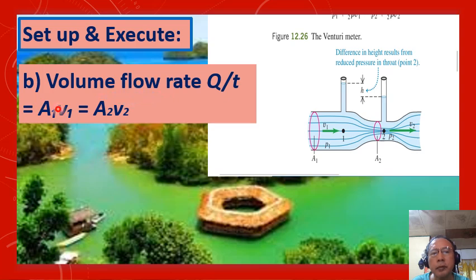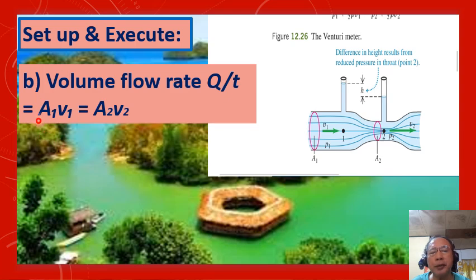With the speeds V1 and V2 already computed, we can now proceed to answer question letter B, that is finding the volume flow rate of the water in the pipe.